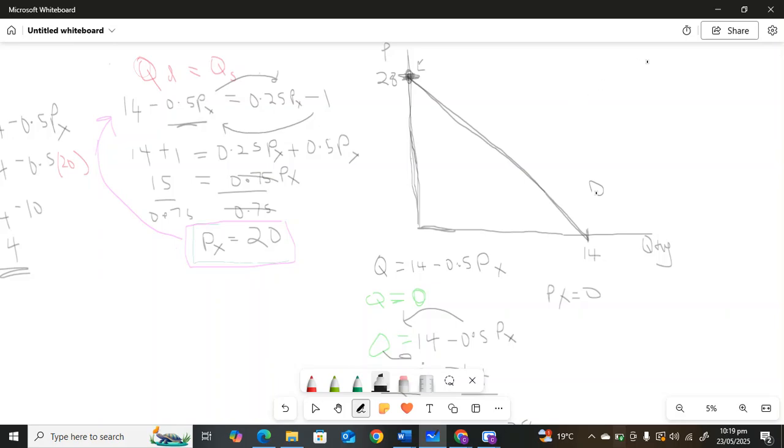So for the supply function, which is Q equals 0.25 Px minus 1, you say, when Px equals 0, it will have 0.25 times 0 minus 1.